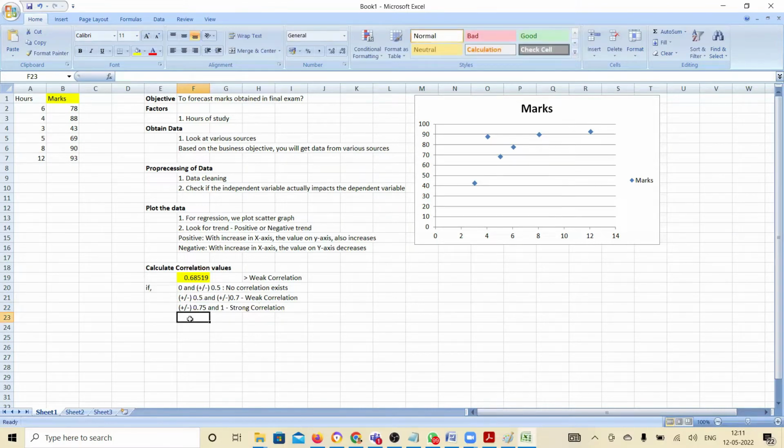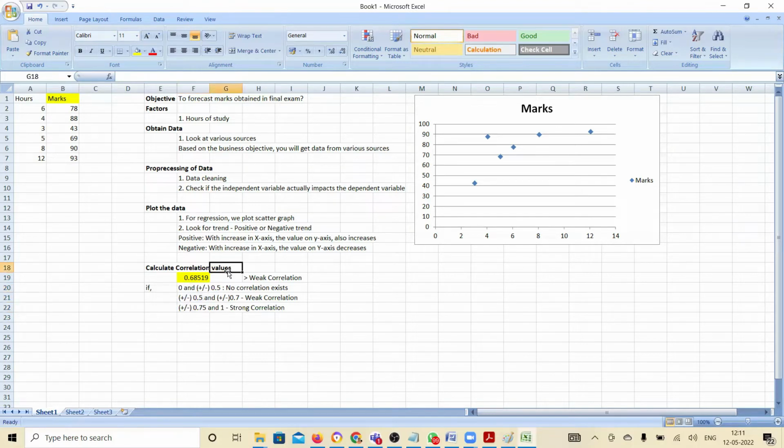It is strong correlation. In this case, our correlation is weak, we will be able to predict, but it will be weak. We'll get a lot of error. So this is how you interpret a correlation value.